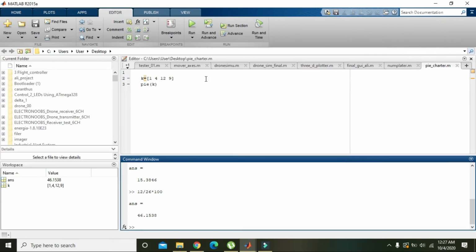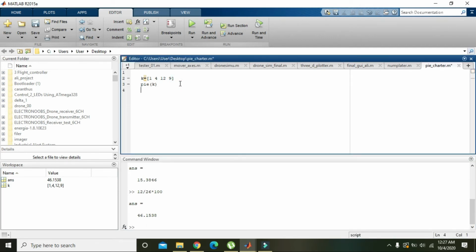One more thing is that you can label all the 4 quantities or elements.